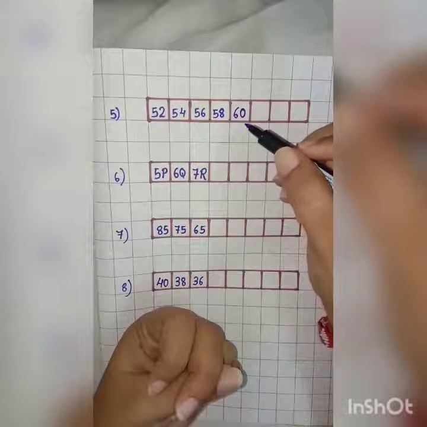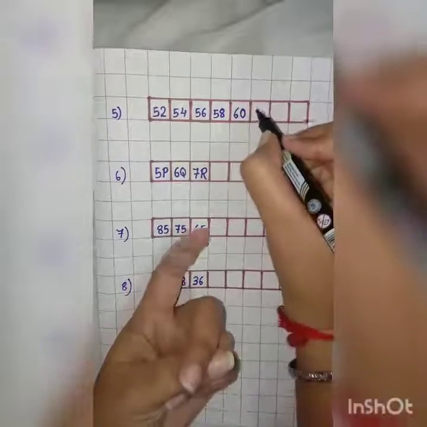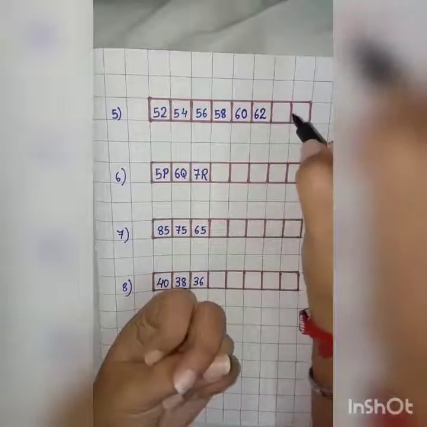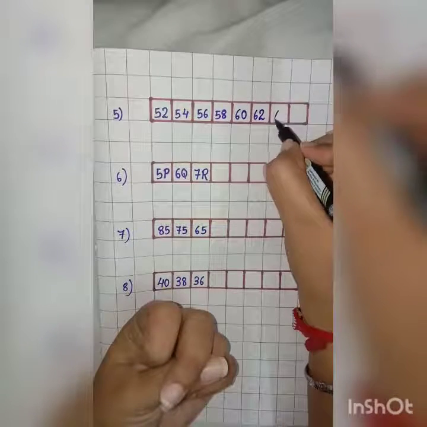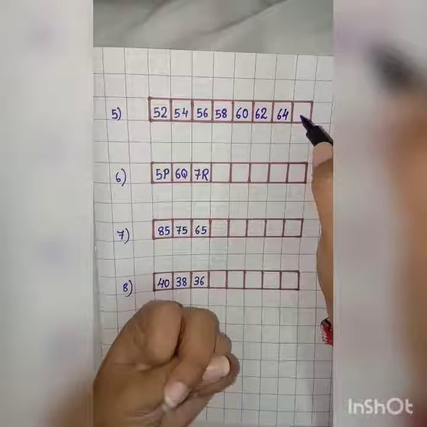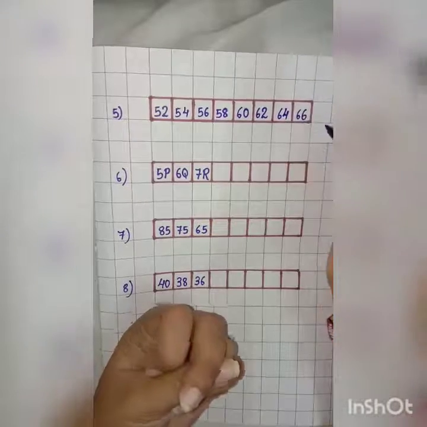Similarly, after 60, 61, 62. After 62, 63, 64. Then next number will be, very good, 66.